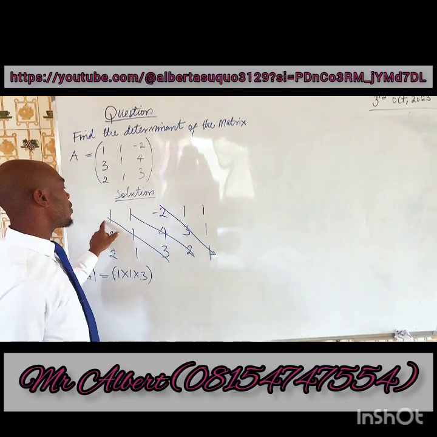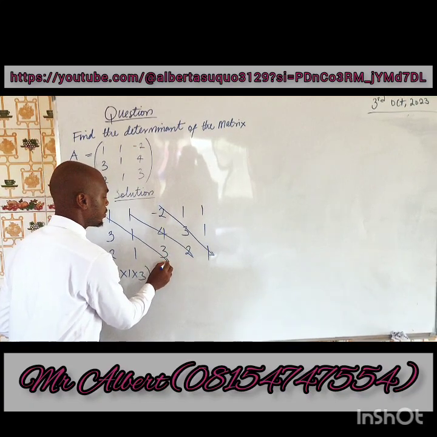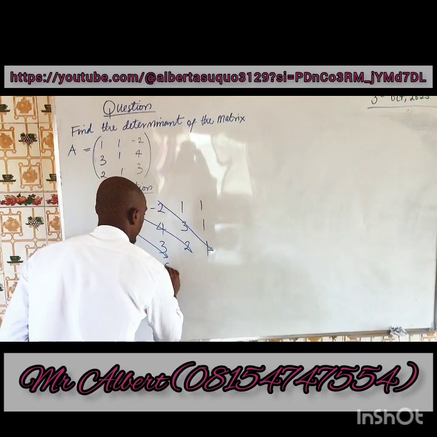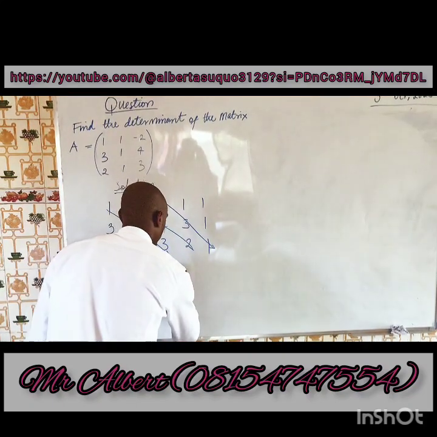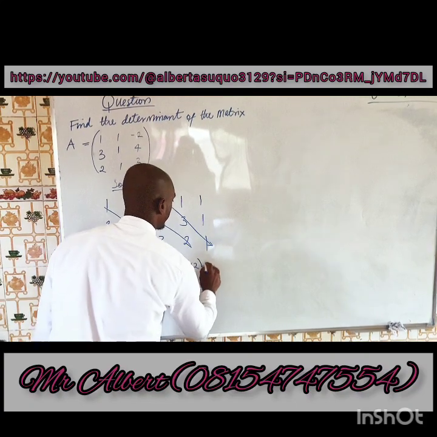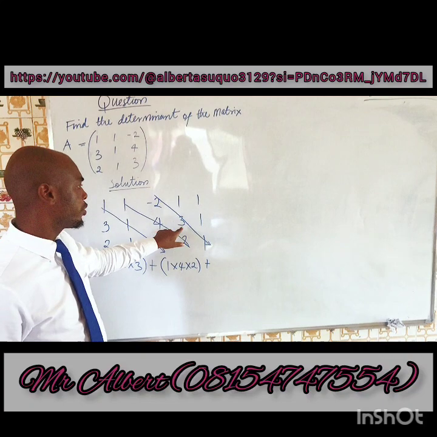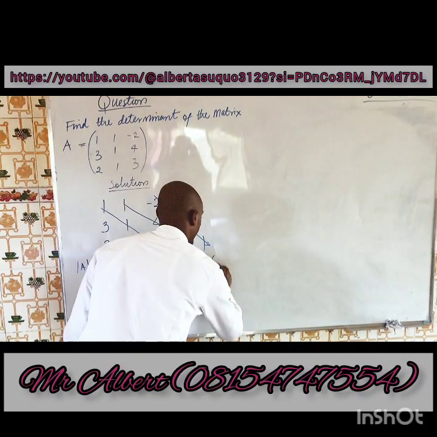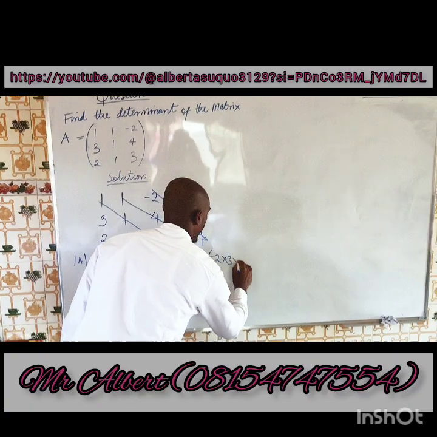Then we multiply 1 times 1 times 1 times 3. What we have again is 1 times 4 times 2. And what we have again is minus 2, 3 and 1. So we take the product of minus 2, 3 and 1.